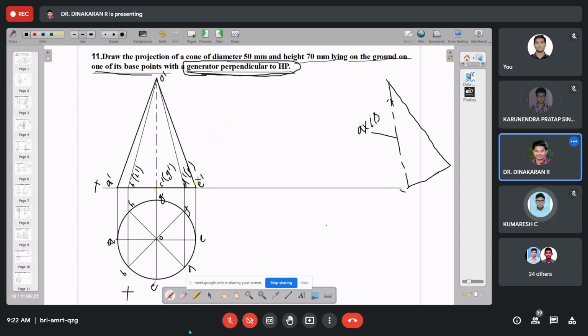Yes, sir. You can tilt this E dash to O dash vertically. So you know how to tilt verticals. First draw a dimension. I'm going to draw roughly only, to complete the problem. Then what is the procedure?